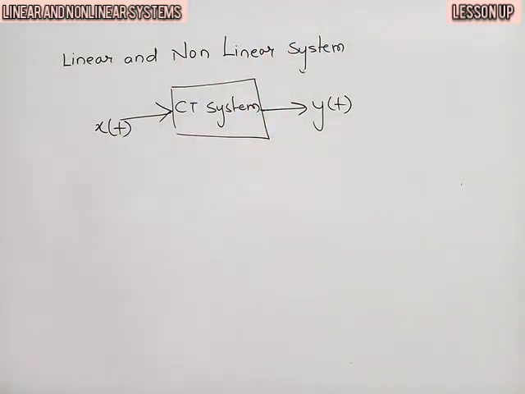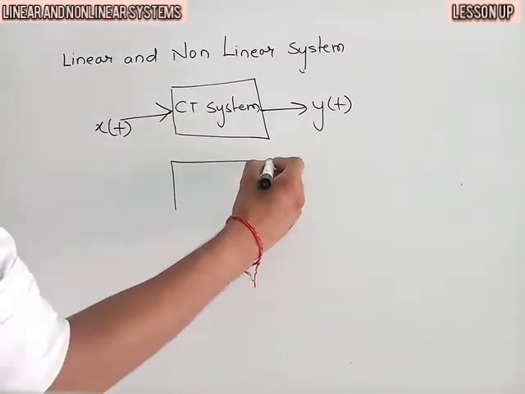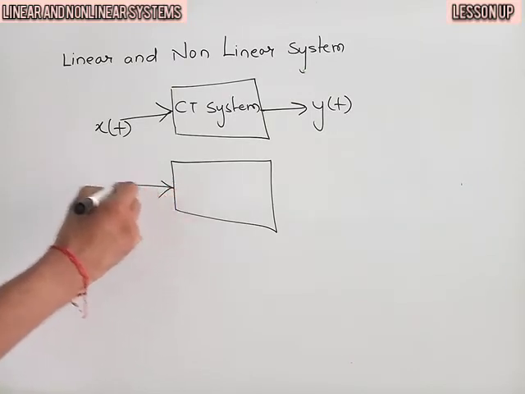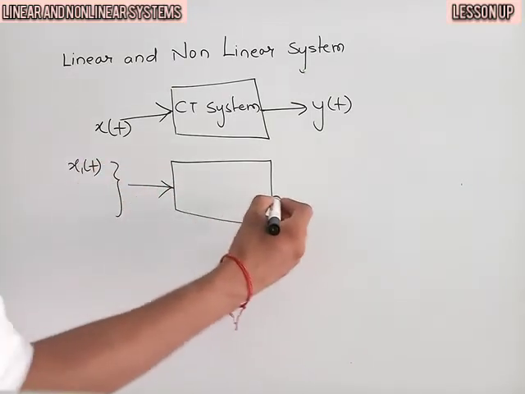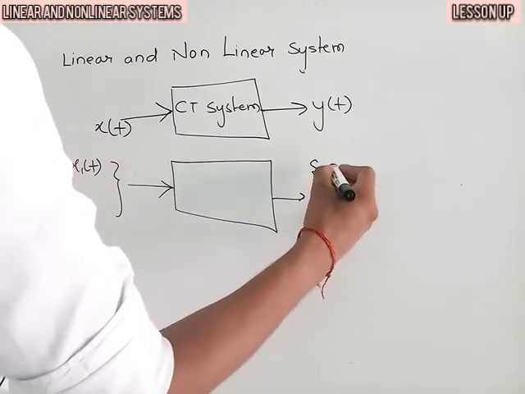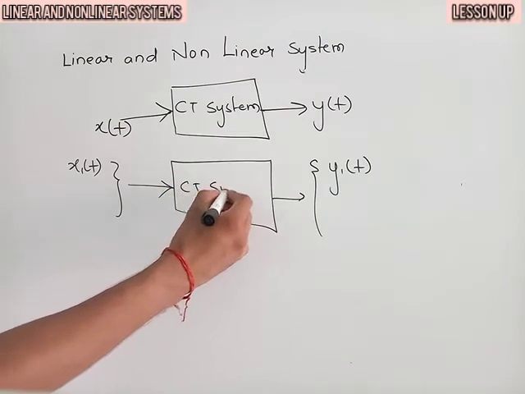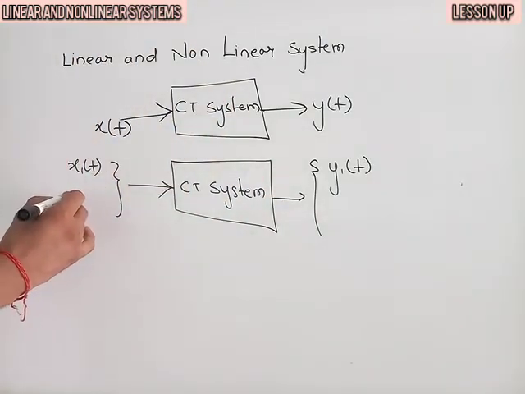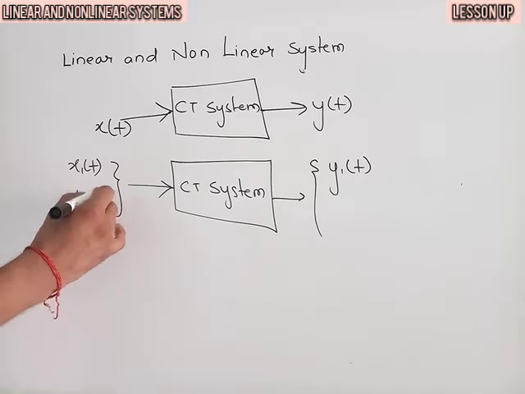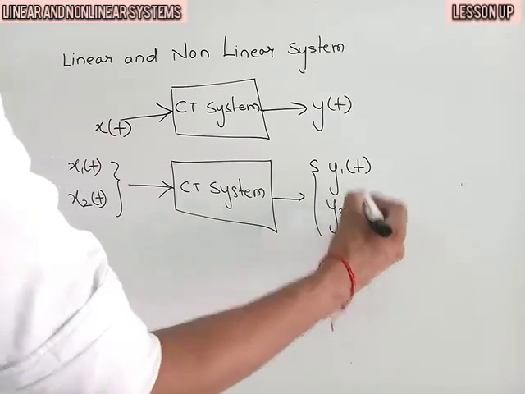Now, in the same system, if we give input x1 of t, we will get output y1 of t. And if we give input x2 of t, we will get output y2 of t.